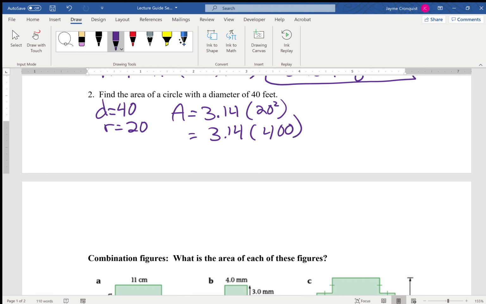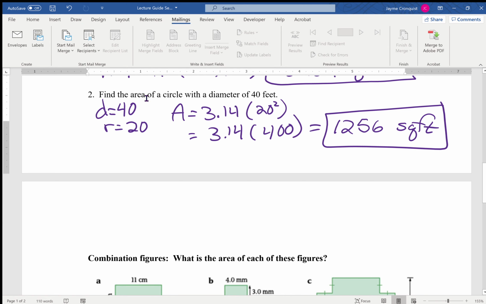Well, it's got to be in the 12 to 1300 range because of the 3 times 400. 1256, right smack in the middle. Equals 1256 square feet.